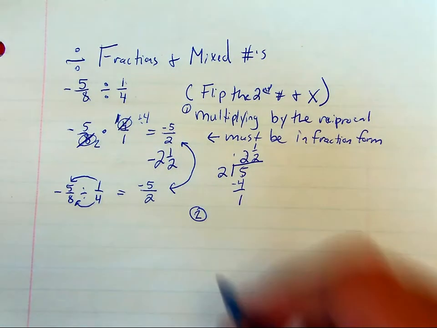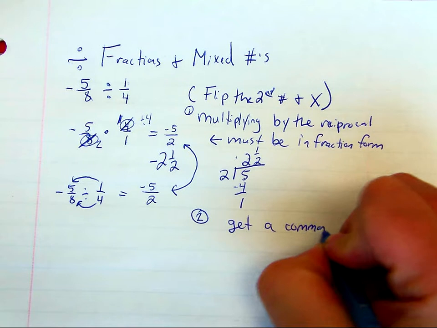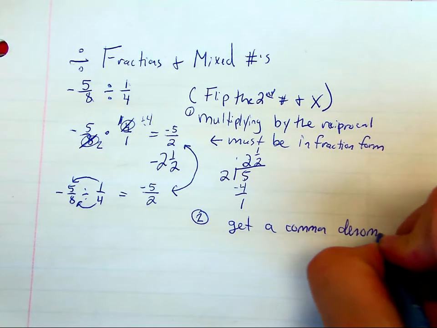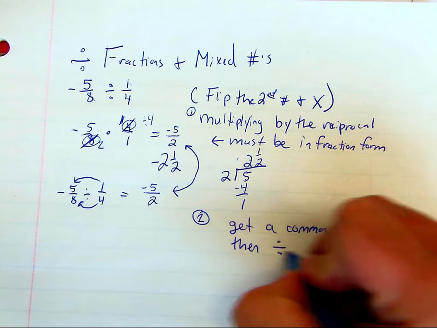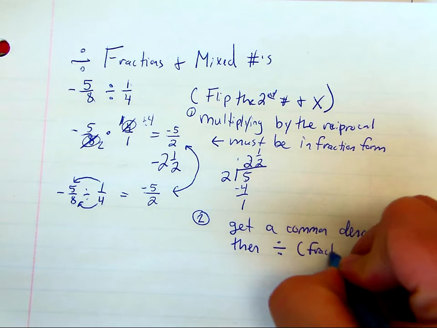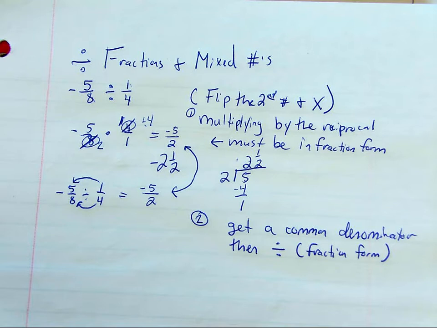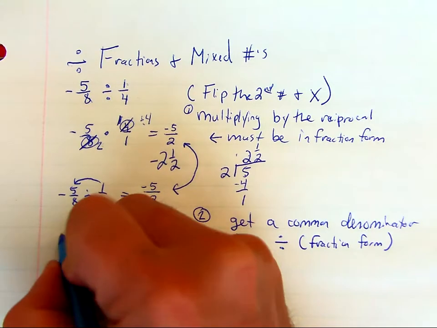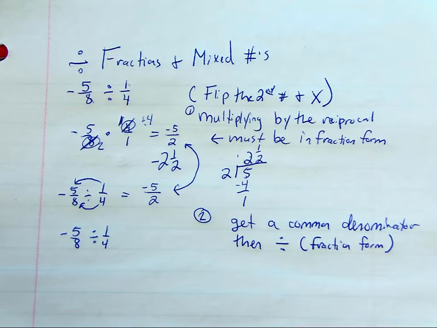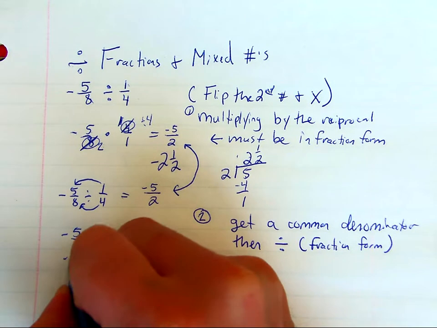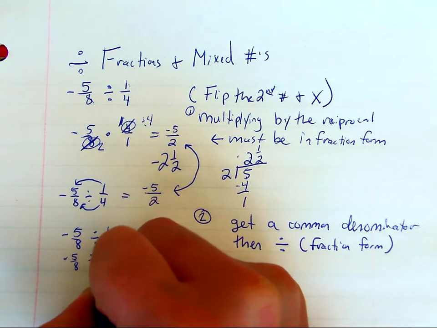The second way is to get a common denominator, then divide. And again, they both must be in fraction form. So if I took my original problem of negative 5/8 divided by 1/4, and I got a common denominator, that would be negative 5/8 divided by 2/8.